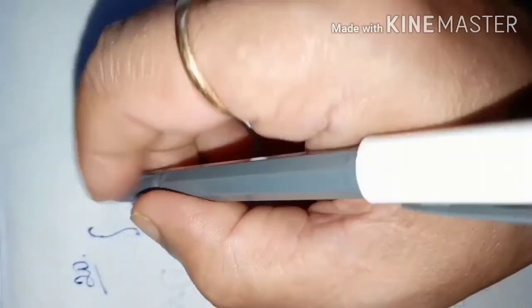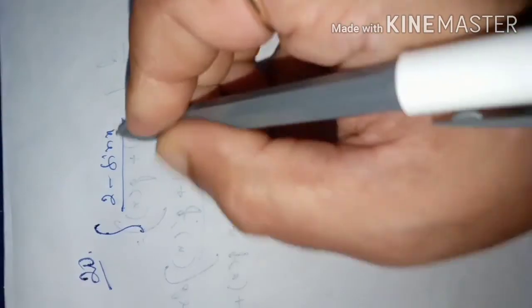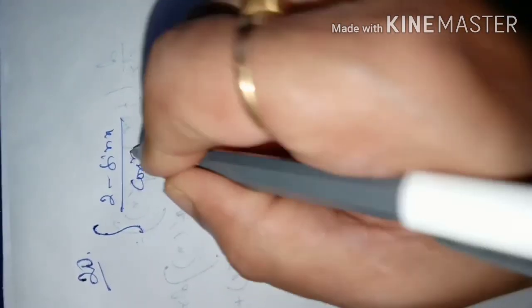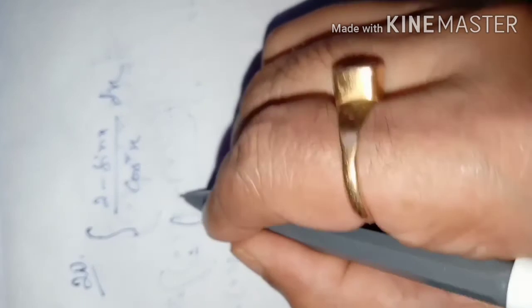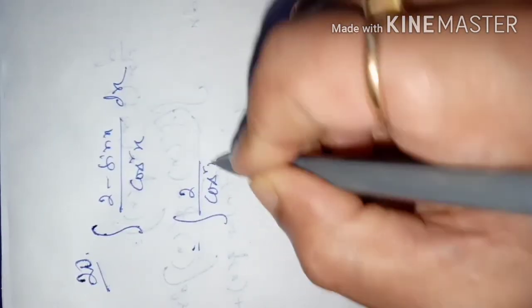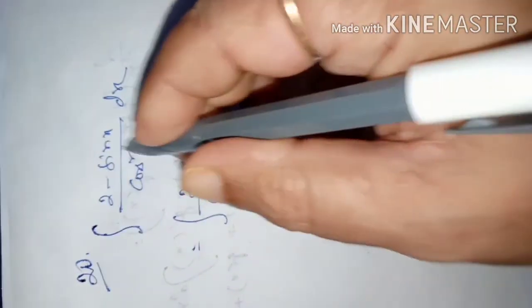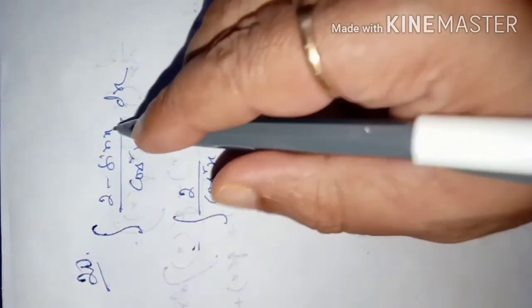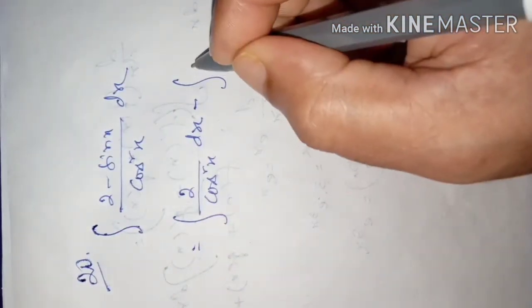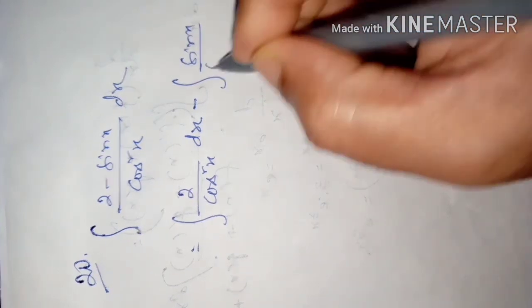See, question number 20: integration of 2 minus sin x divided by cos square x dx. Separately you write 2 by cos square x dx minus sin x by cos square x dx. Sin by cos is tan x and 1 by cos is sec x, so we can write sin by cos into 1 by cos dx.